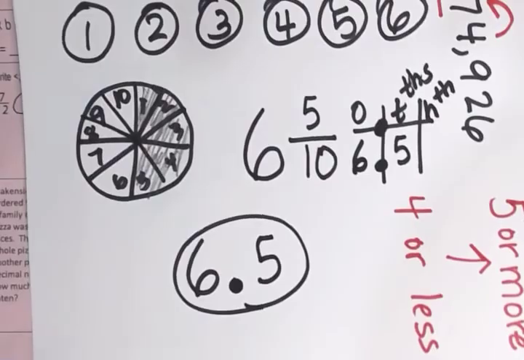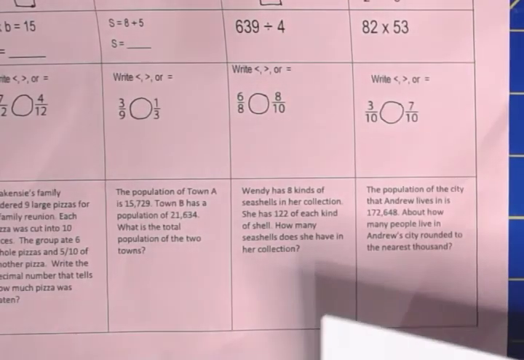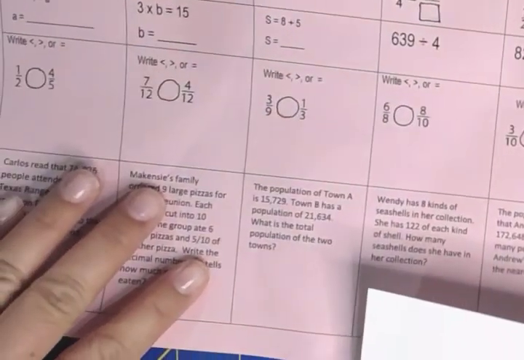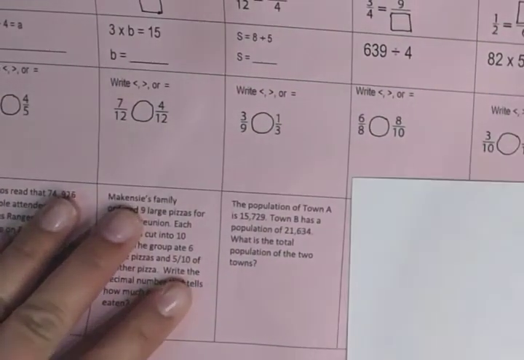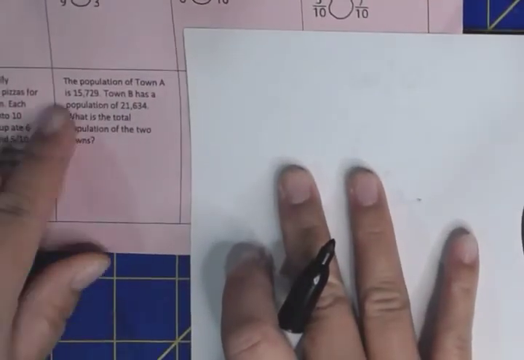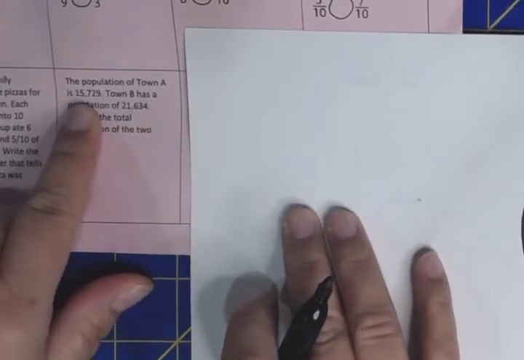All right, let's look at day 3. The population of Town A is 15,729. Town B has a population of 21,634. What is the total population of these two towns?